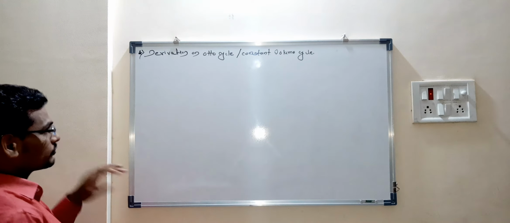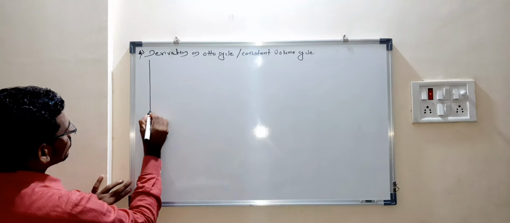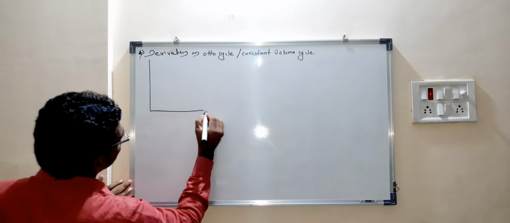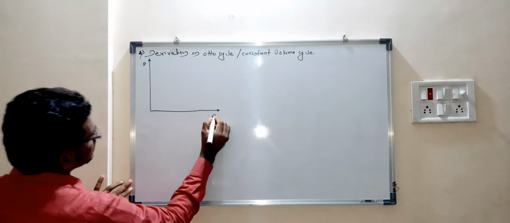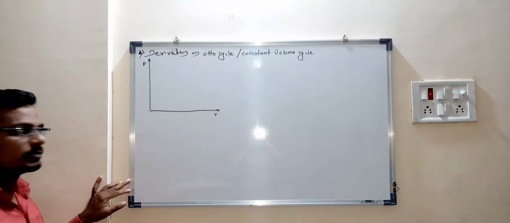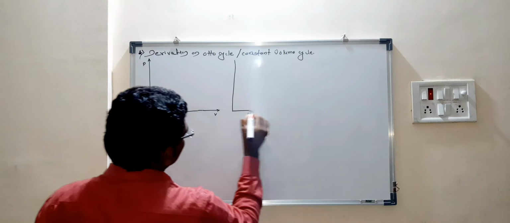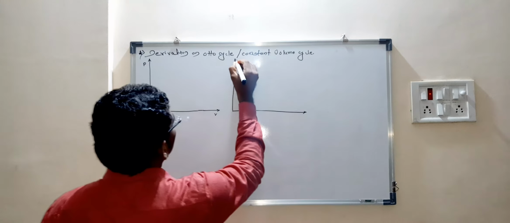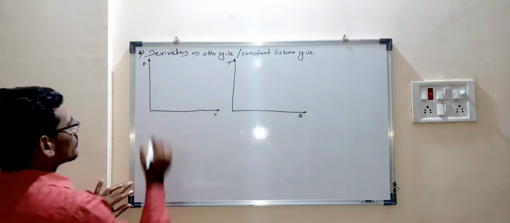Okay. So first of all we will draw the PV and TS diagram for the Otto cycle. So this is the pressure and this horizontal line is indicated by the volume. Similarly for the TS diagram, this is temperature and this is the entropy.